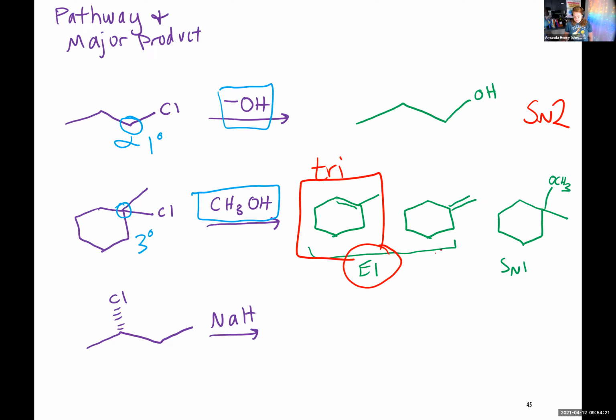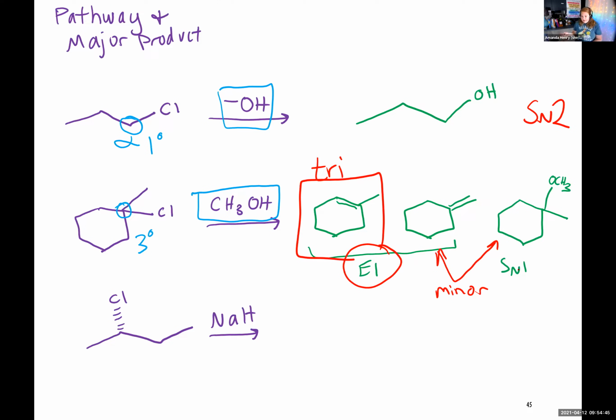The other ones, that one and that one, those would both be minor products. So technically for this problem, we wouldn't have to draw those because it's only asking for the major. Sometimes you have to draw them to figure out what's happening, but they wouldn't be necessary for your answer for this.